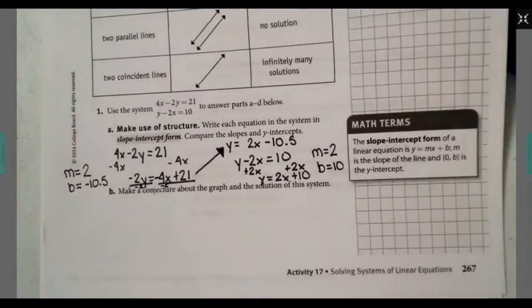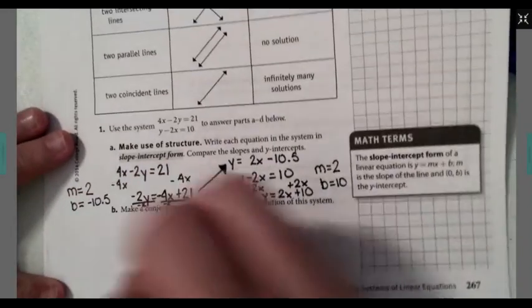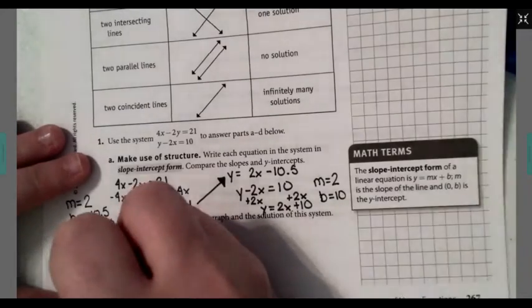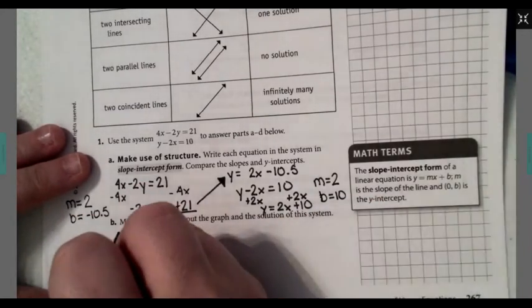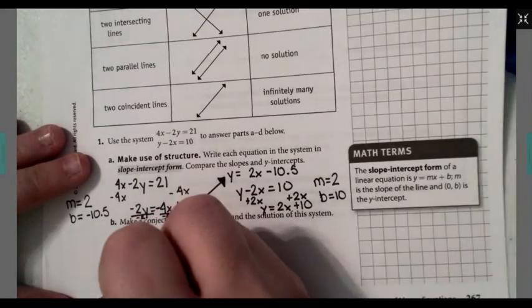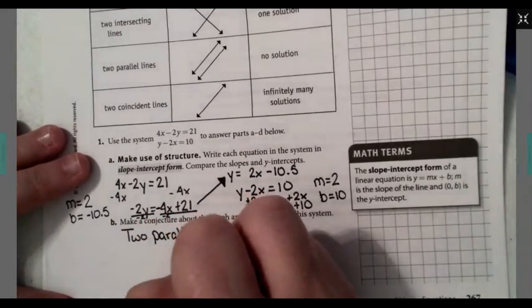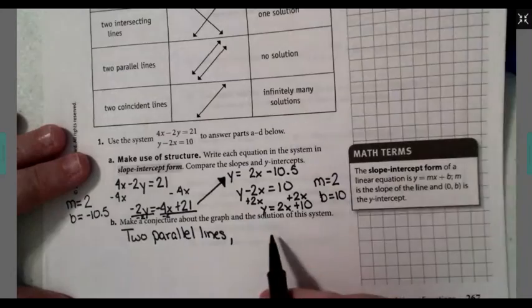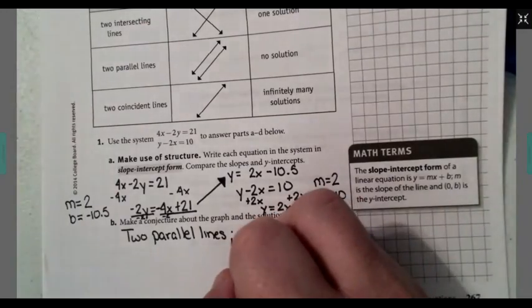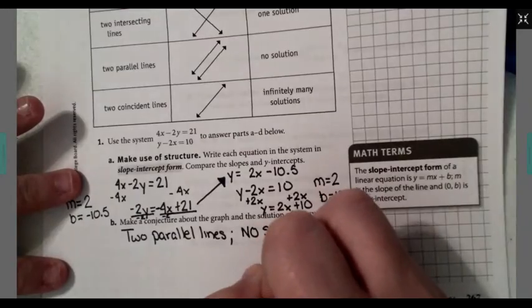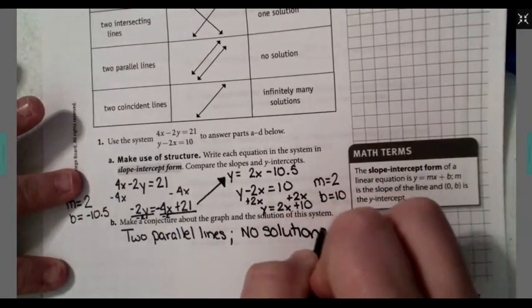Make a conjecture about this graph and the solution of the system. How many solutions do we think we're going to have, and what do we think these lines are going to look like with this graph? This is going to be 2 parallel lines and we will have no solutions. So these lines will not touch.